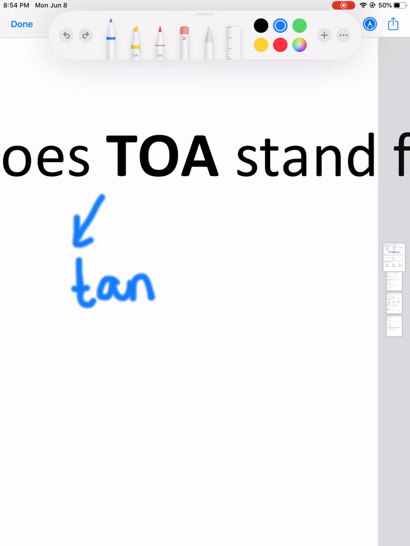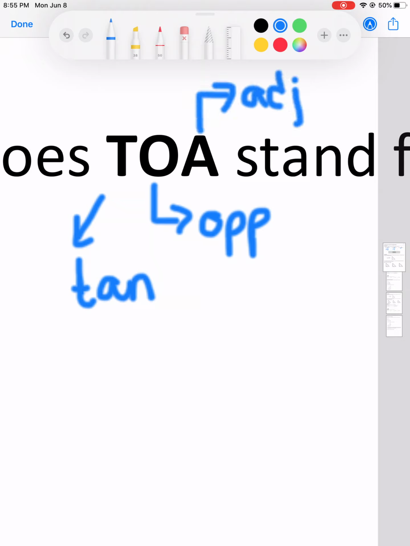Okay, so T, tan. O, opposite. And then A, adjacent. For these questions, I'm telling you we're doing cos, and then I'm telling you we're doing tan, so you know which ratio to use.